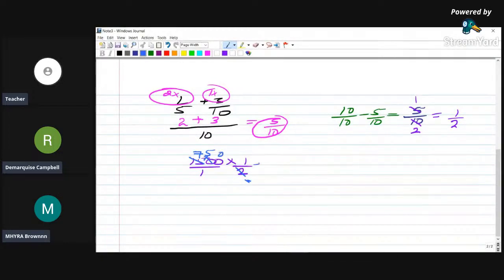We see that we have 750 over 1, which is the same as 750. So $750. So here we go. Either way you look at it, you are supposed to get 750 as your answer.